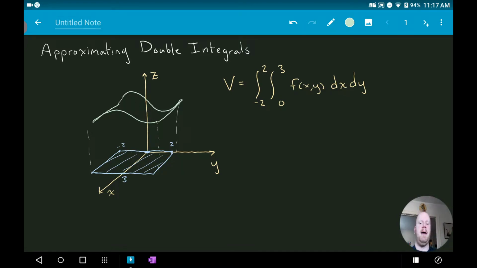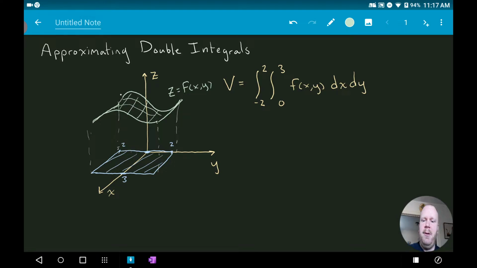Something that looks like that. So our double integral is going to be this volume underneath the surface. This is what we say, z equals f of x and y.